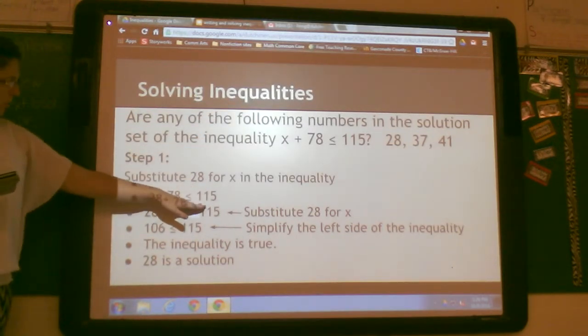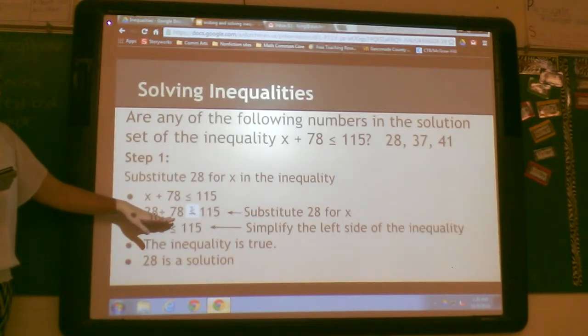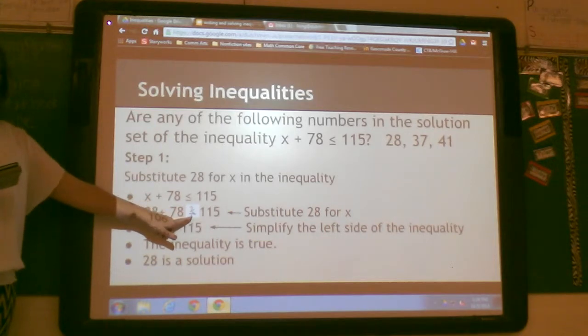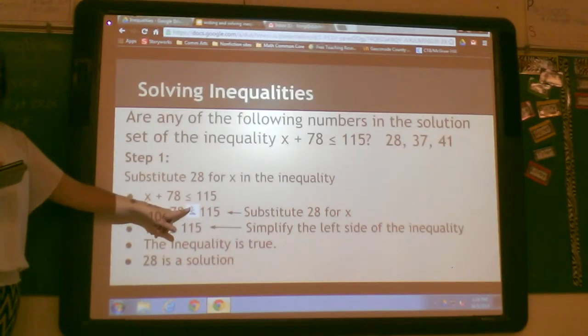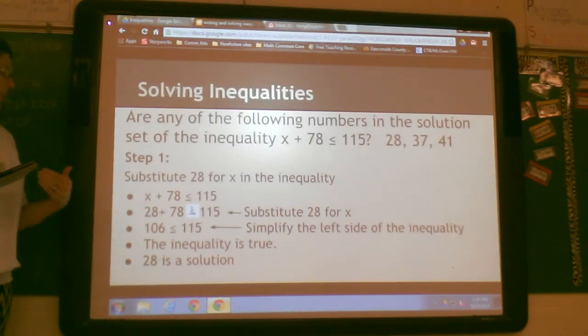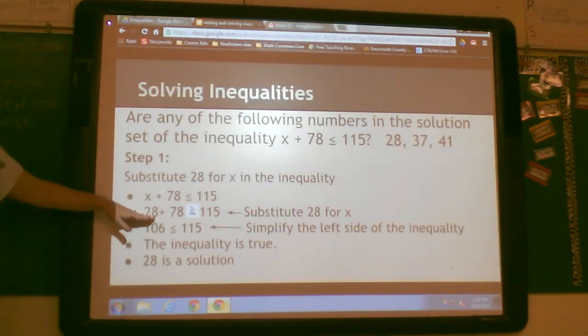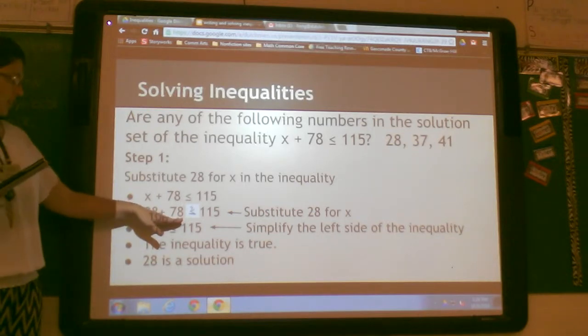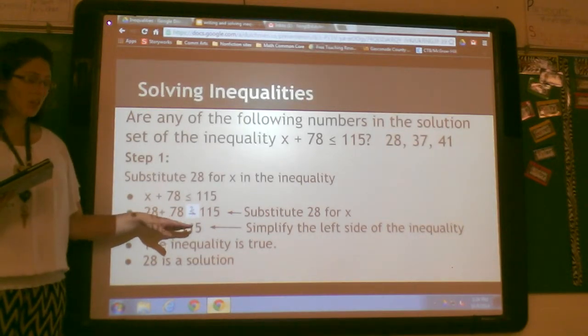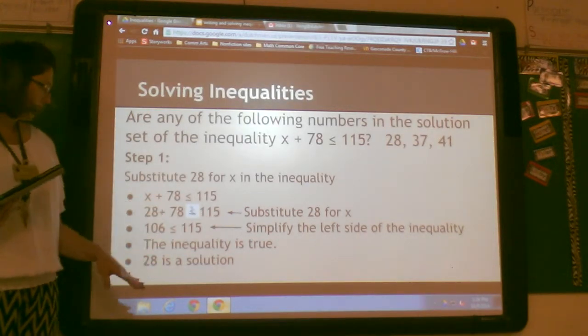Here's our inequality. We are going to plug in our 28, and then just like with the equations, where we had the equal sign with a question mark, this time we have the less than or equal to with the question mark. So we're trying to find out, is 28 plus 78 less than or equal to 115?